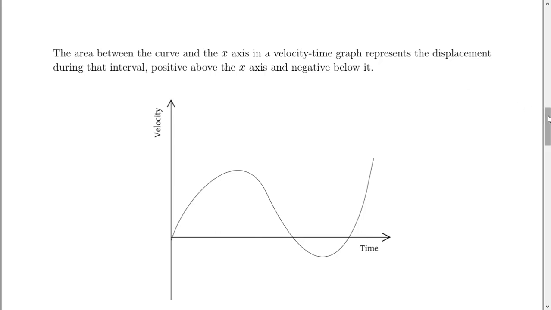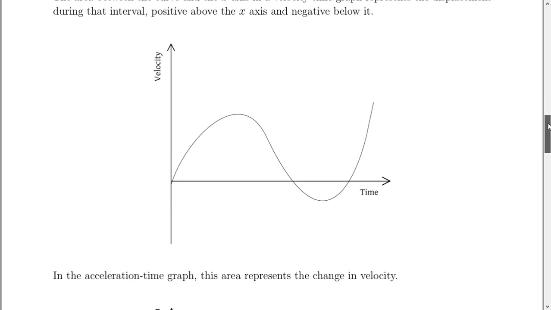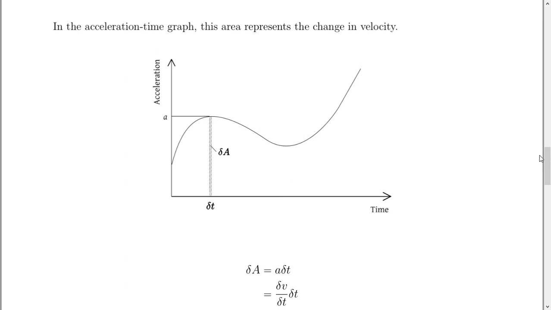We can carry forward the same thought to the acceleration time graph too. In an acceleration time graph, the area between the curve and the x-axis represents the change in velocity, whereas earlier it was the change in position in the velocity time graph. Here it is the change in velocity. We'll see why.